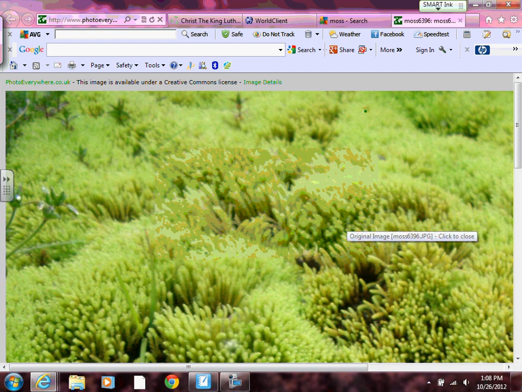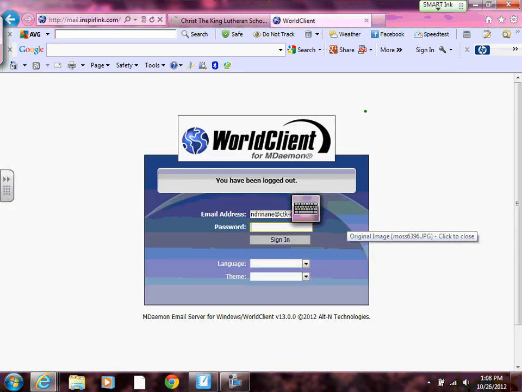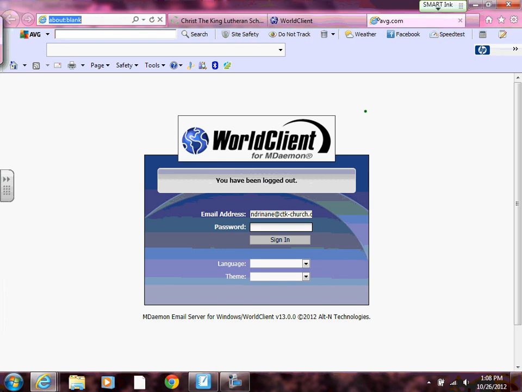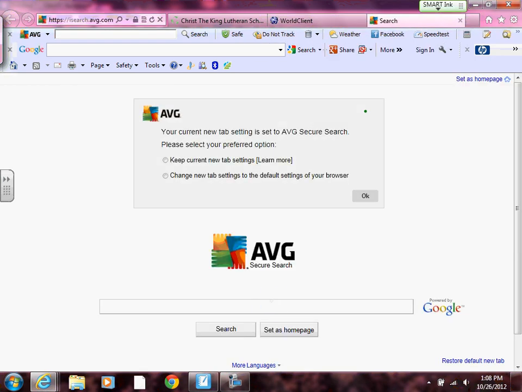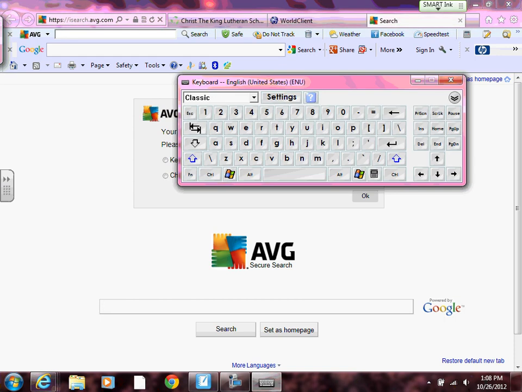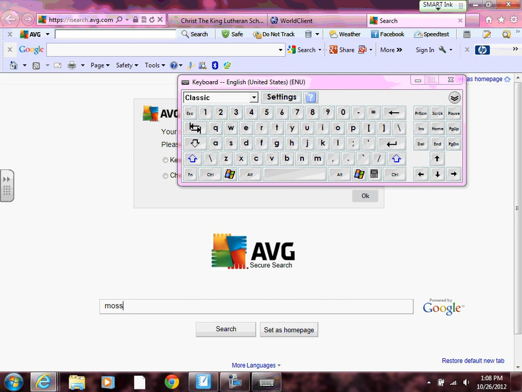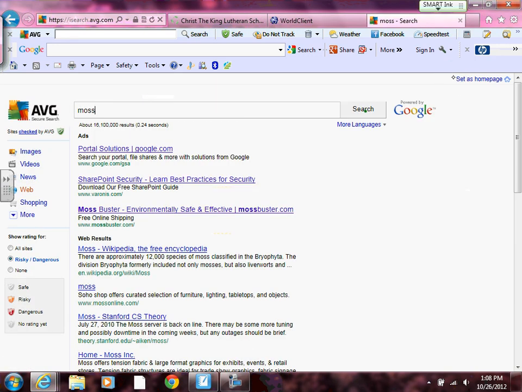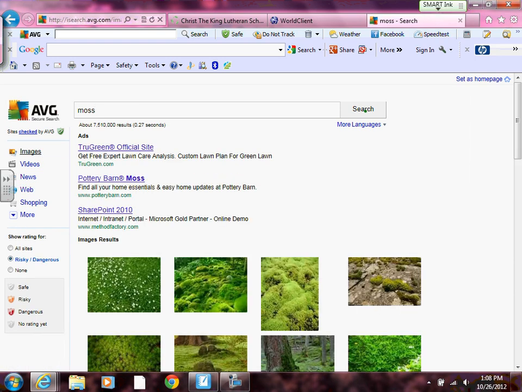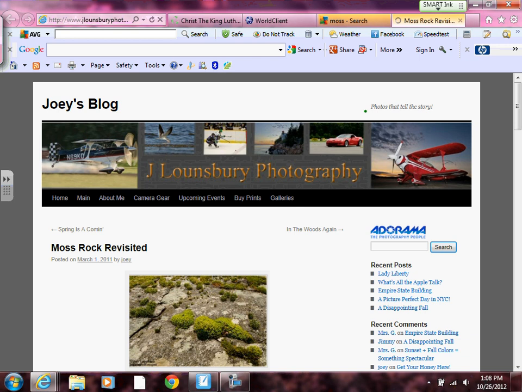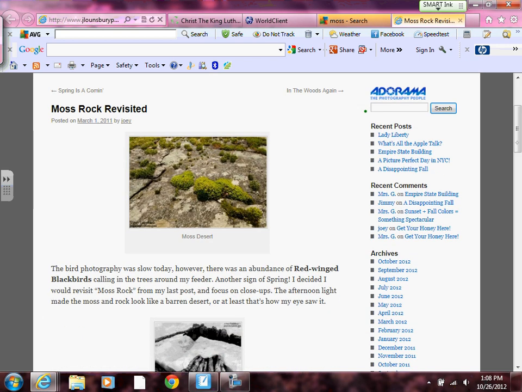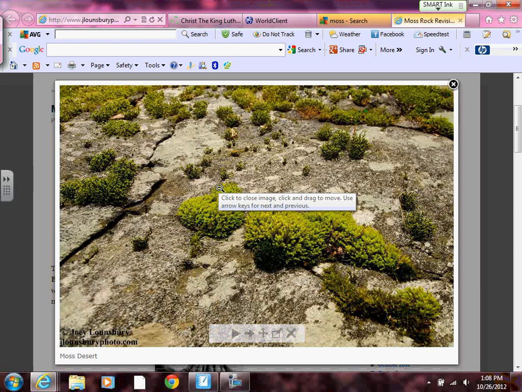Okay? And let's go back. There you go. So that's what moss will look like. Sometimes you'll see moss growing on the side of a tree.